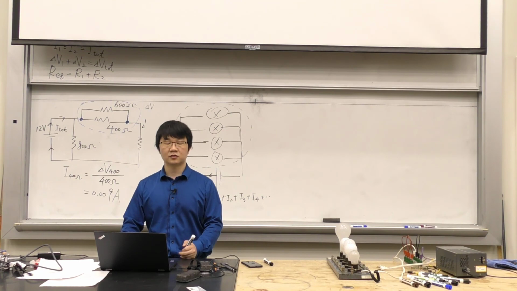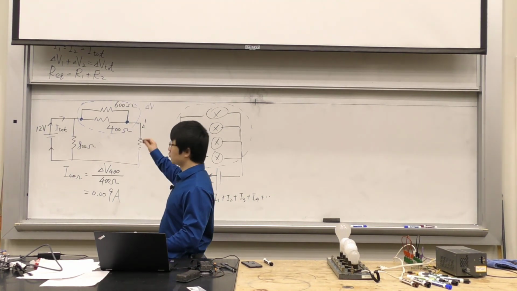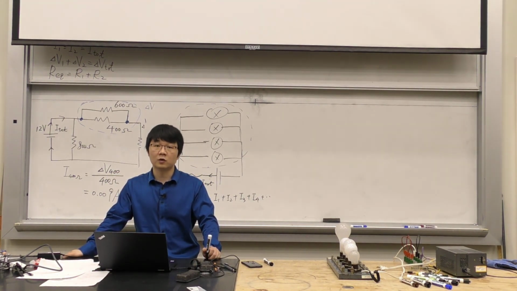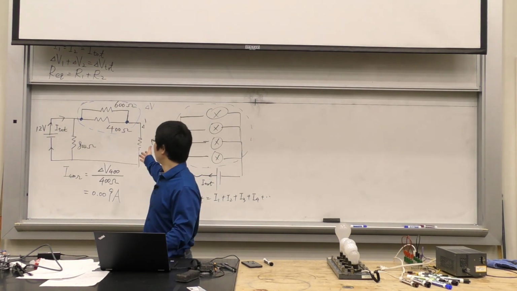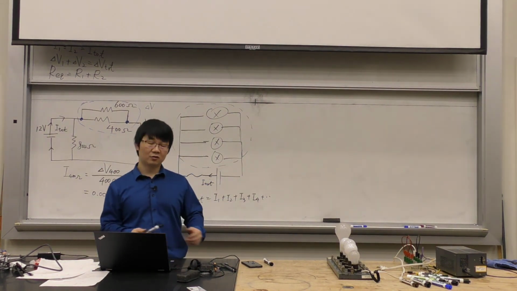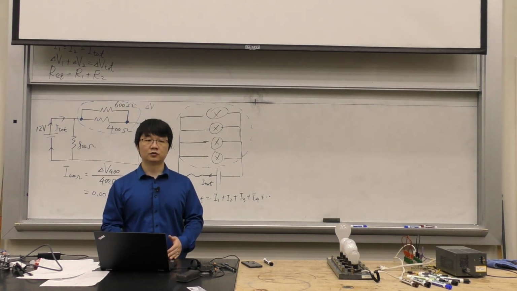Also, the circuit may have different voltage sources. For all these problems we have seen, we only had one battery in these circuits. We never had more than one battery, because we don't know how to combine batteries. If you have more than one battery in a circuit, how do you use the parallel and series theory to simplify that?